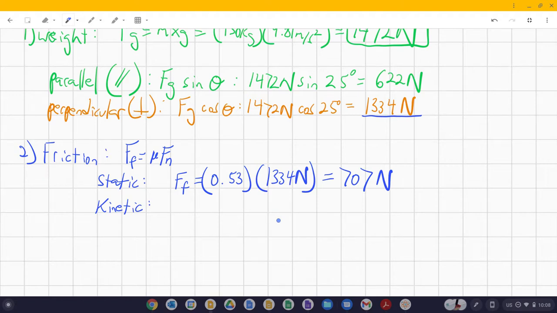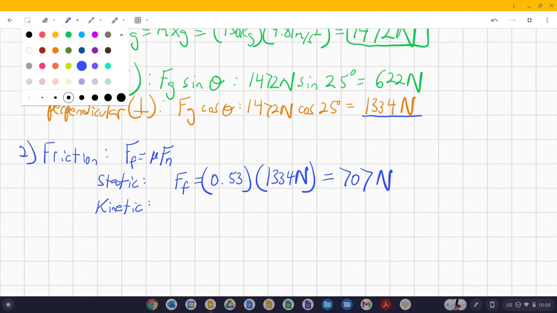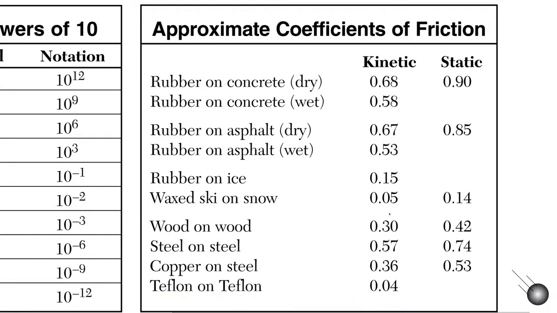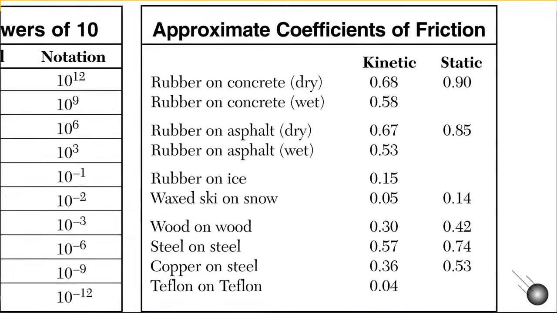And what about if the object is sliding? Let's just go for it. Might as well. If this copper item is sliding on the steel, then the coefficient of friction will be 0.36.